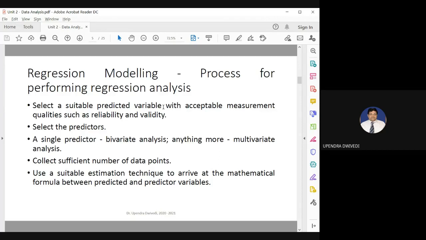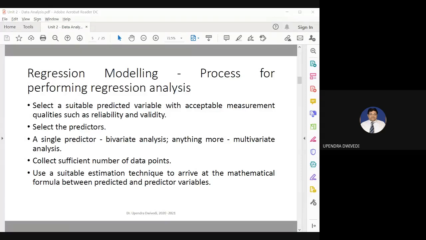Selecting a suitable predicted variable is very important, because if we are trying to predict a house price, or the weight of a person, or the health of a person, what will be the suitable predicted variable? In the case of health, you can take the weight, the heartbeat, the blood sugar level, or the BP level.